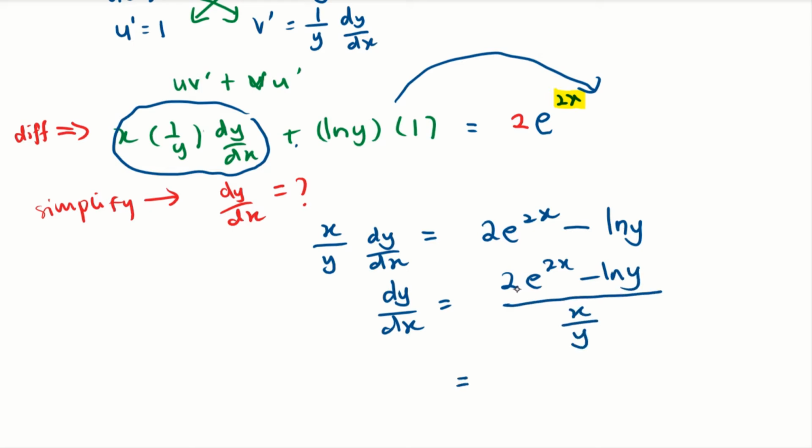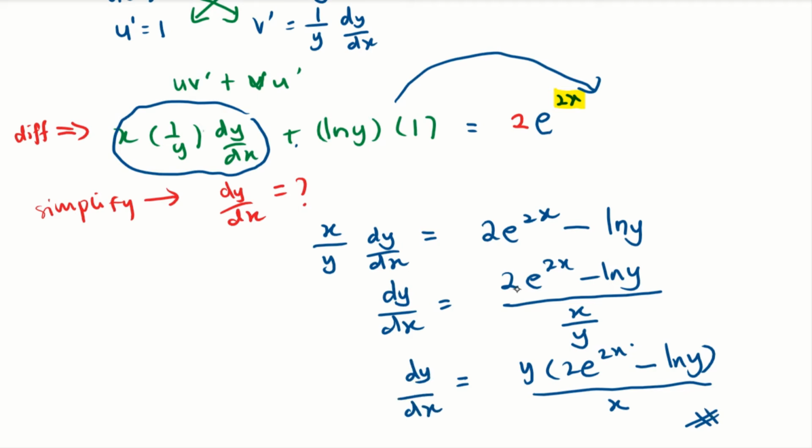So then finally we get y times 2e to x minus ln y over x. So this is your final answer for dy dx. So kalau ikut soalan, dia nak dy dx is in term x and y. So this is answer for question B.